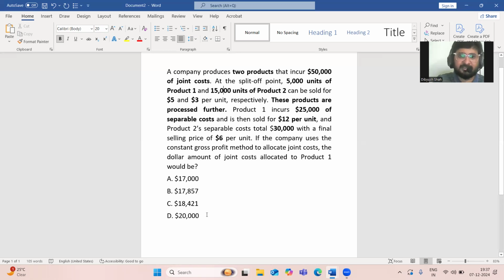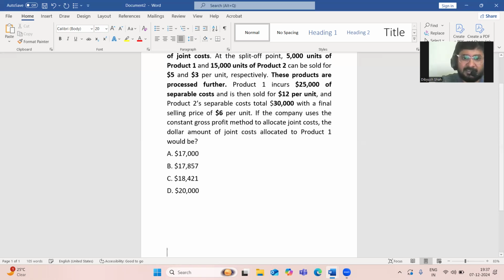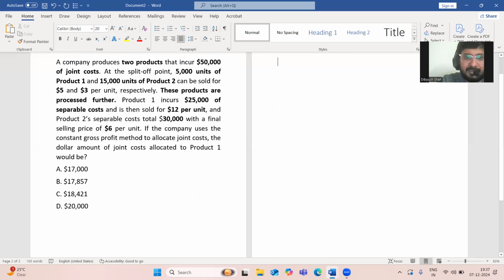And they are using constant gross profit percentage method. So let's calculate. Step 1. Under step 1, as I told you, first we will calculate the total gross profit percentage earned by the company.